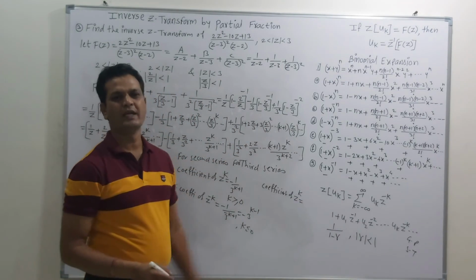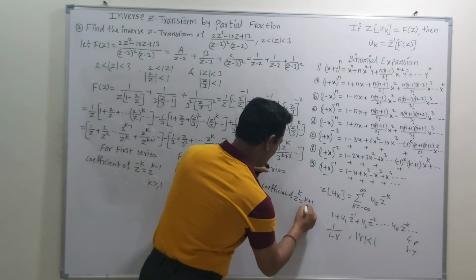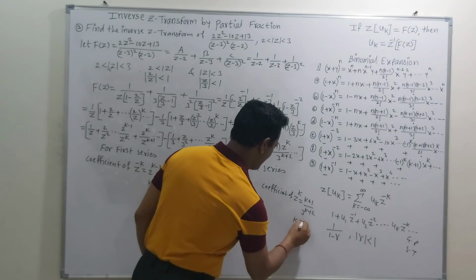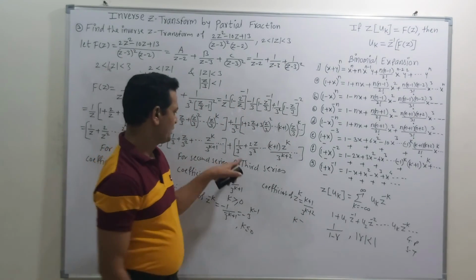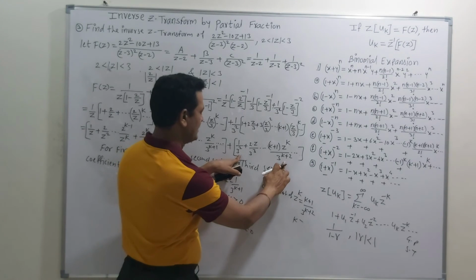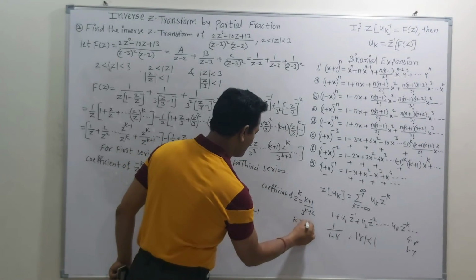So here z raised to k is in the numerator, and its coefficient is k plus 1 upon 3 raised to k plus 2. Again find the condition on k. So in particular, put the value of k in such a way that we get this as the first term. Then it is possible when we put k is equal to 0, k is equal to 1 and so on. That means k is greater than or equal to 0.